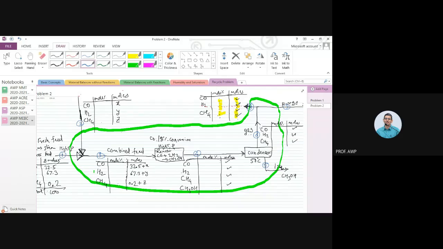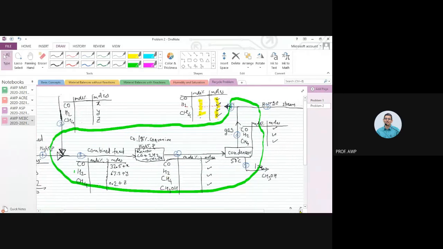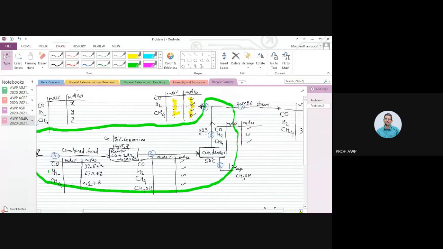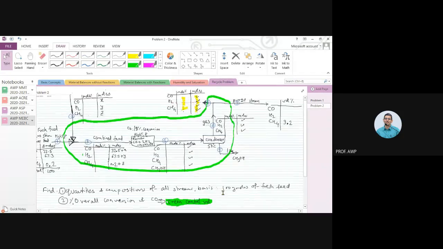Now that I have assumed X, Y, Z, it allowed me to write the moles in stream 3. Now I can go forward and write something for stream 4. I can write for stream 5. I can write for stream 6. In terms of X, Y, and Z, I can write for stream 7. I can write for stream 8 in terms of X, Y, and Z. Now at the end, to find X, Y, and Z, all I have to say is that stream 2 and stream 8 are one and the same.